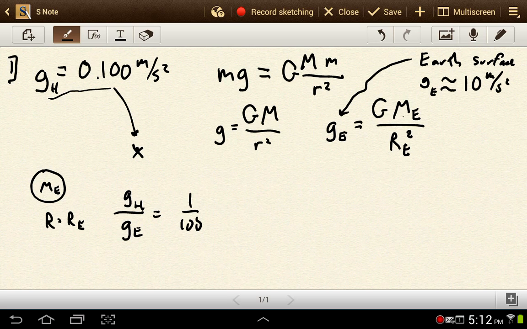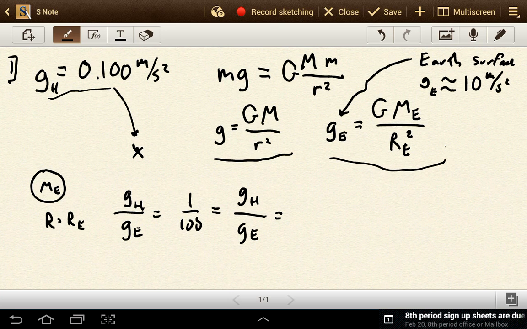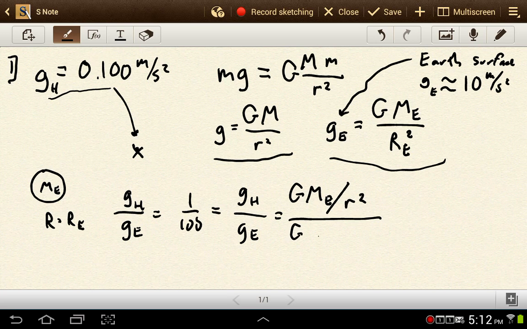If we plug in these formulas, we get big G times the mass of Hoth, which is the same as the mass of the Earth, divided by r squared, over G times the mass of the Earth again, divided by R_E squared.